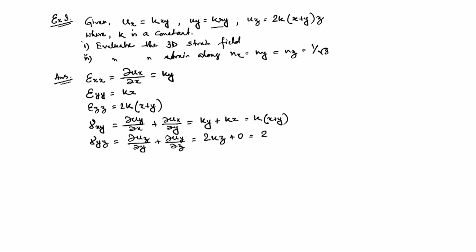Okay. So, this is twice kz. Last component gamma xz is equal to, right.